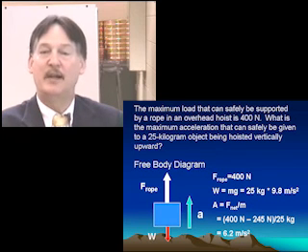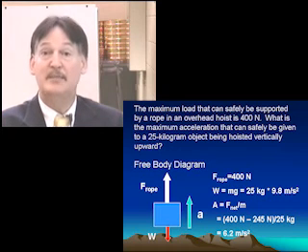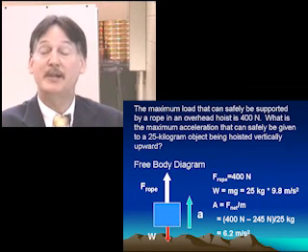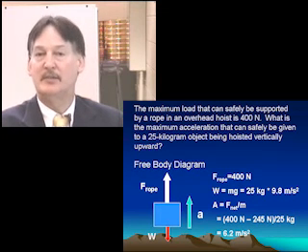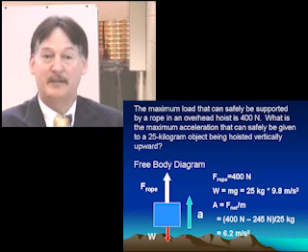And 155 divided by the mass m, 25 kilograms, is 6.2 meters per second squared. So this would be the limit. In other words, this is as much acceleration as you can apply to this mass and rope system and still have the rope not break.